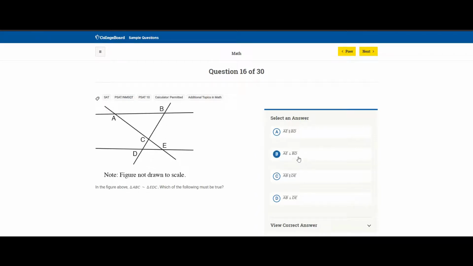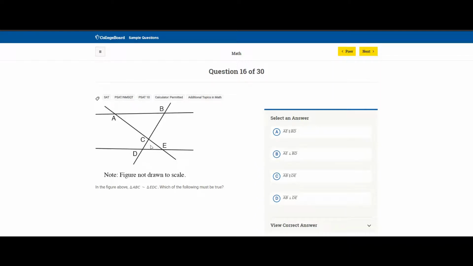AE. Oh, okay. AE. Nope, that's not a true fact. Oh, that's definitely not a true fact. AB is, let's see. This is definitely not a true fact either. So, that means that this one's definitely not a true fact, right?